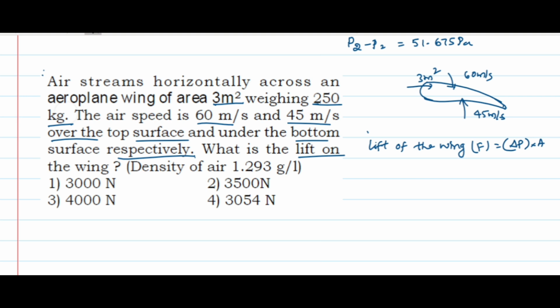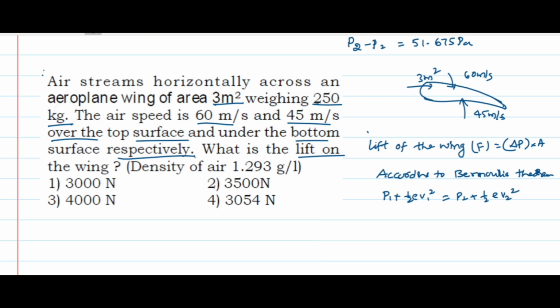According to Bernoulli's theorem, we can write P1 plus half rho V1 square equals P2 plus half rho V2 square, almost horizontal.